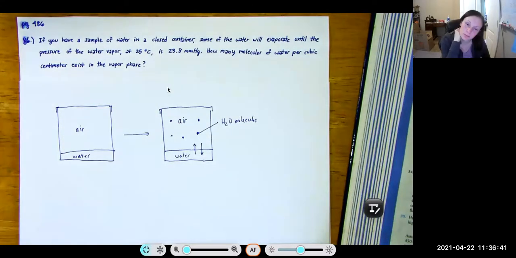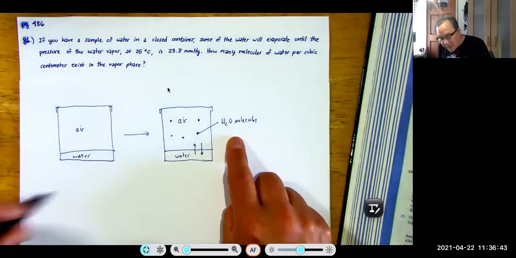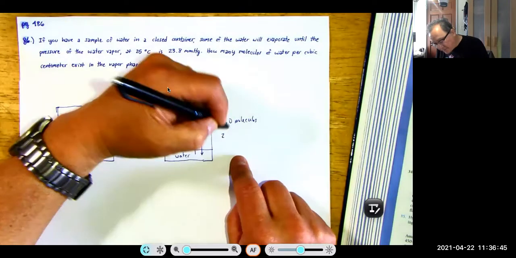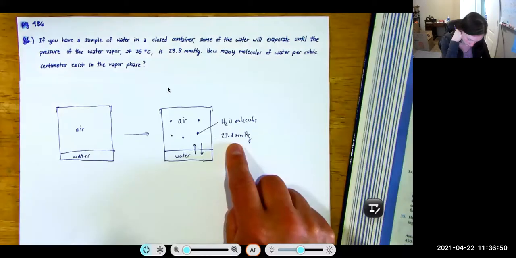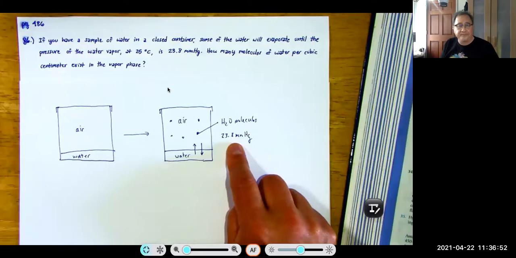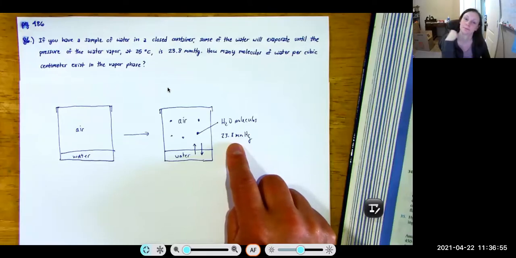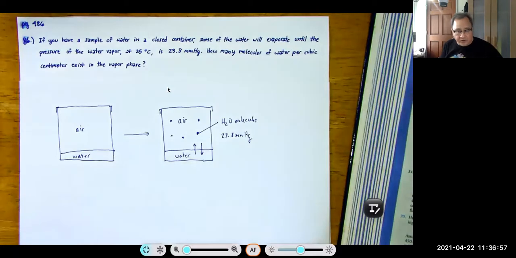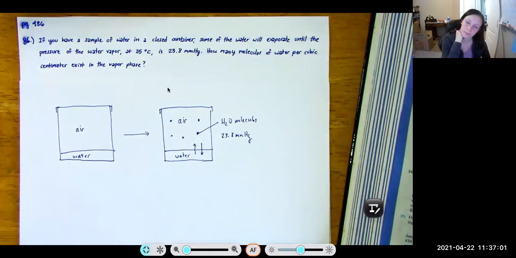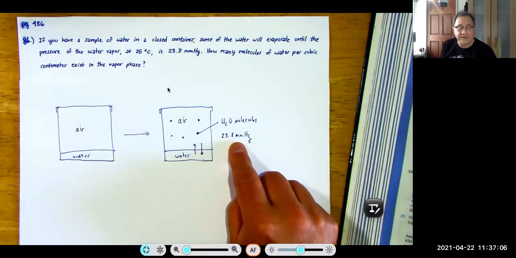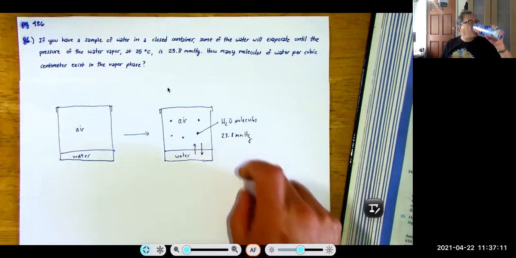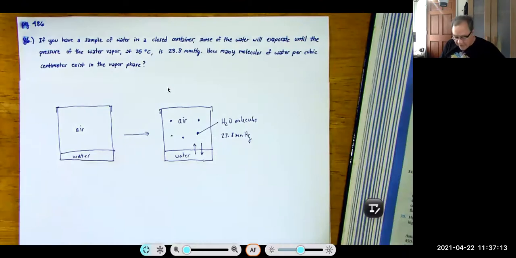And the overall pressure is 23.8 millimeters of mercury. Now, this is what we call the vapor pressure of water. So it's really the pressure of the gas molecules of H2O. And this vapor pressure depends on whether you live in a dry environment or a wet environment. Okay, so that's what's happening.